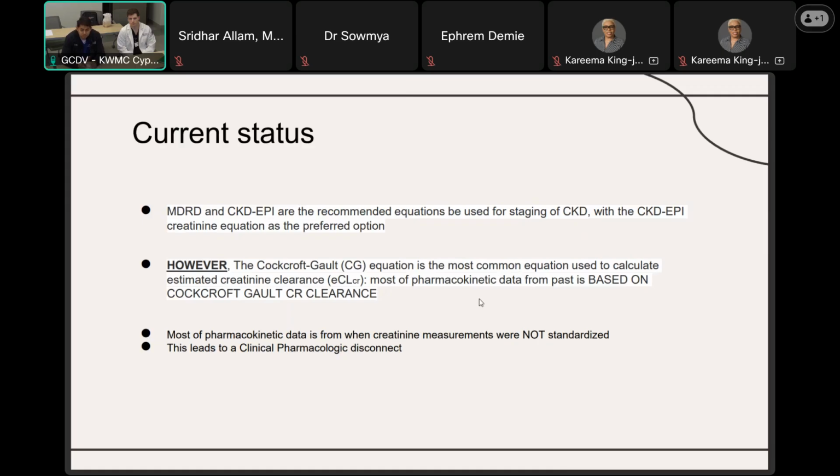Previously, when a lot of the medications that we use today were developed, their pharmacokinetics and pharmacodynamics were calculated using Cockcroft-Gault based creatinine clearance. Why that is important is because now we have a clinical pharmacological disconnect. We calculate using CKD-EPI, which sometimes gives a very divergent GFR than what the pharmacists get using creatinine clearance, which means the terminology we are using is different from the terminology that the pharmacist is using. And that sometimes leads to a little bit of misunderstanding.